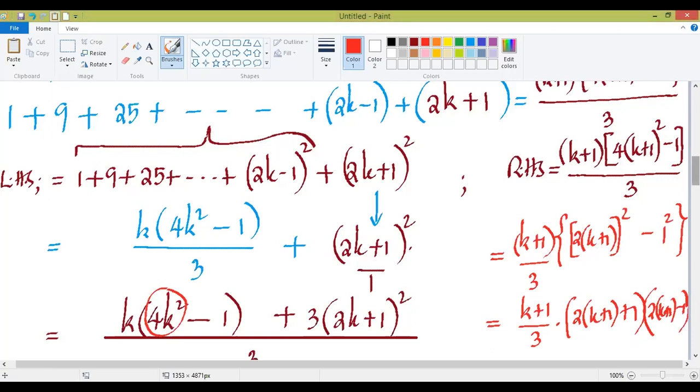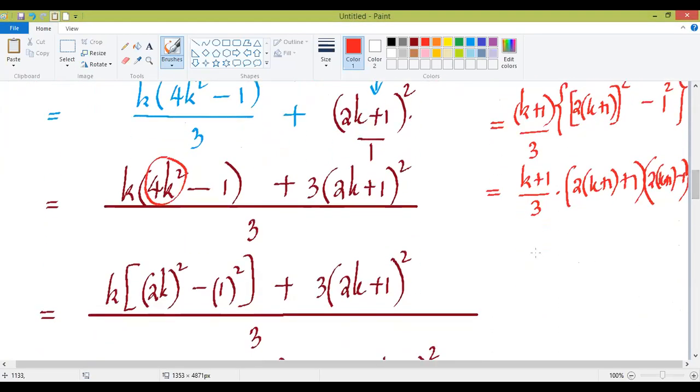And that pushes us right. k plus 1 over 3 into 2k plus 2 plus 1, which is a plus 3, into 2k plus 2 minus 1, which is a plus 1.